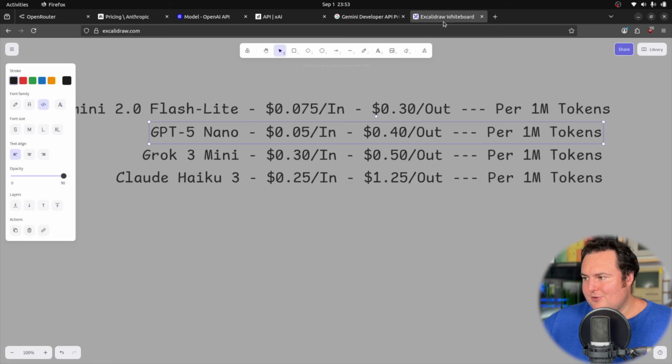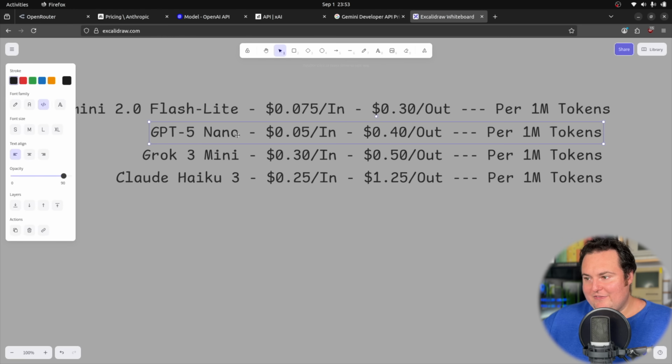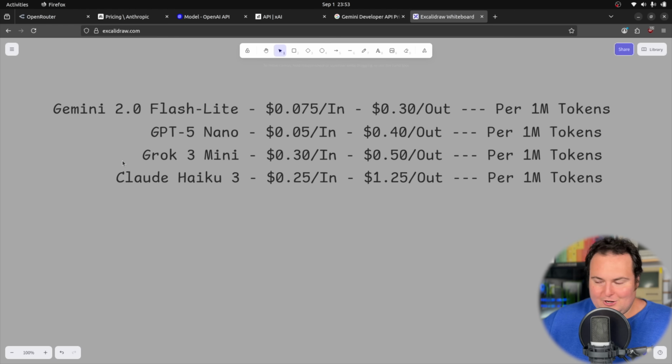If we just go here into the one page thing, we can see that based off of the results we did see, I would say GPT-5 Nano is the only model here to even bother using, even not considering the price.